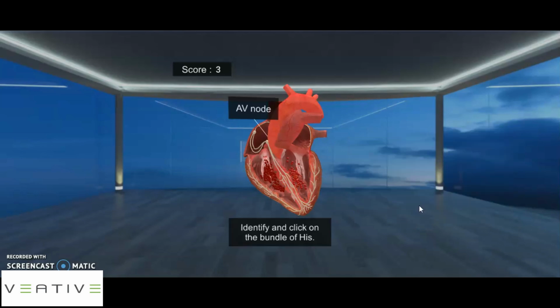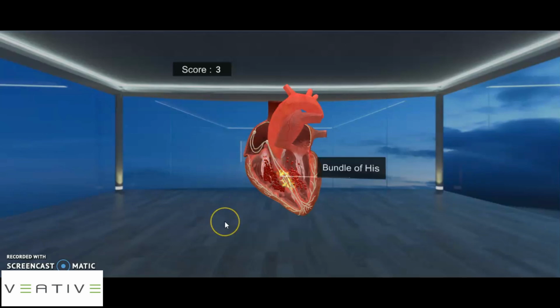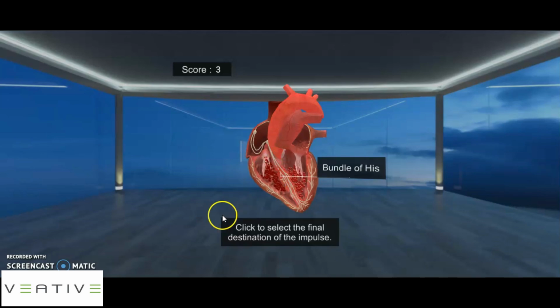Identify and click on the bundle of His. That's true. This is the bundle of His. Wrongly clicked. Alright, then click to set the final destination of the impulses.